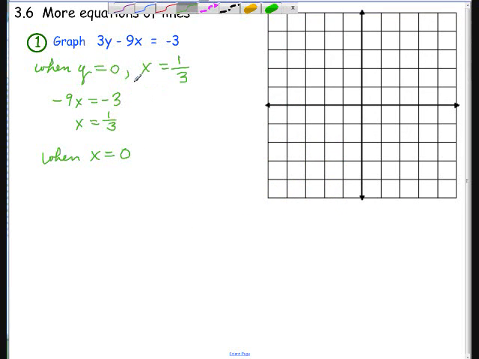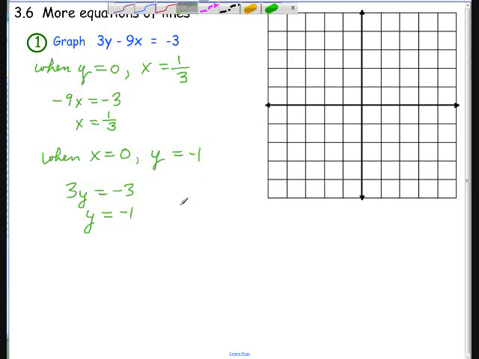But anyway, we can still use the same technique. When x equals 0, what is y going to equal? Well, that would zero this out and I'd have 3y equals negative 3. So my y is equal to negative 1.